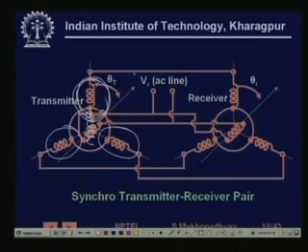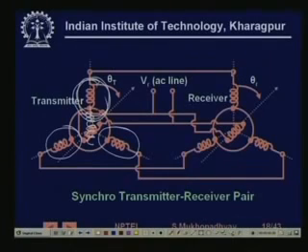Now these voltages are transmitted by cables to another machine, which is getting supply from the same AC line. It can be shown that if this is applied to the so-called stator of the machine, and the same AC line is supplied to the rotor, then this rotor will move to the same angular position as this.